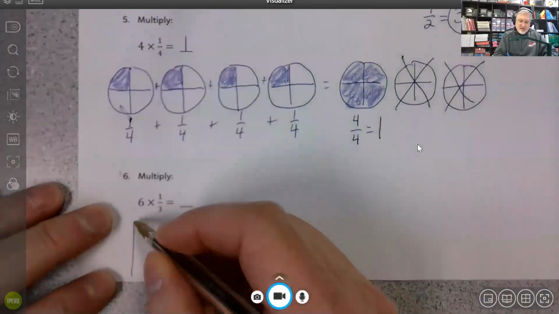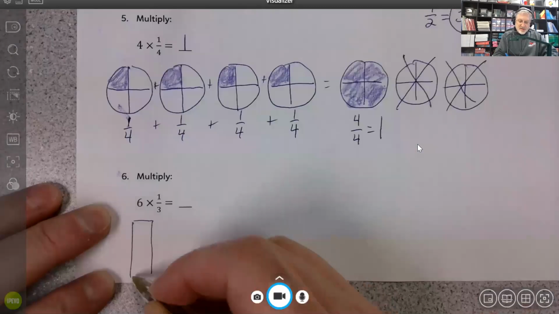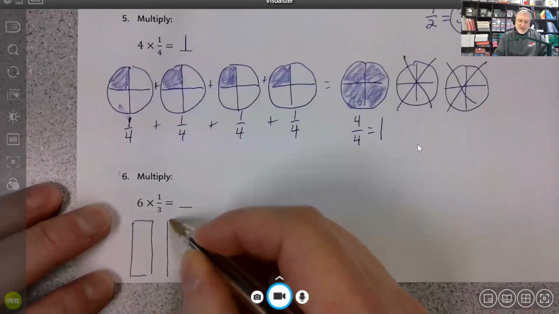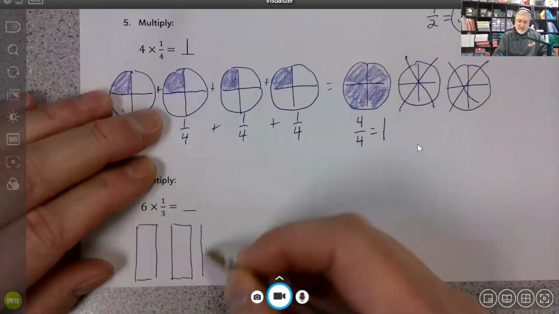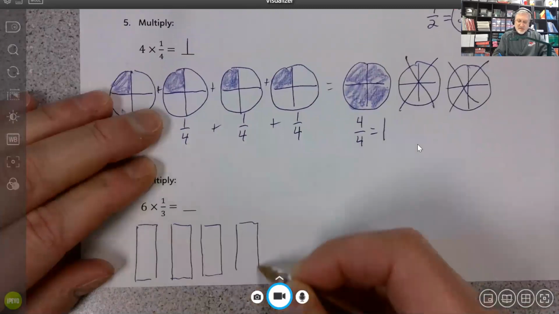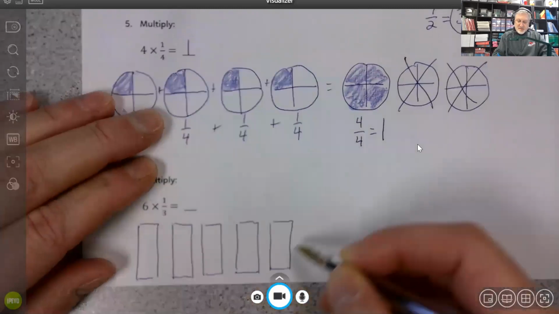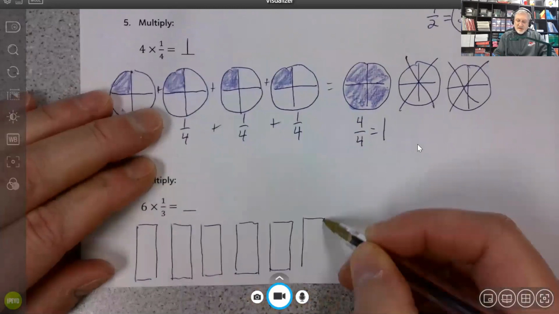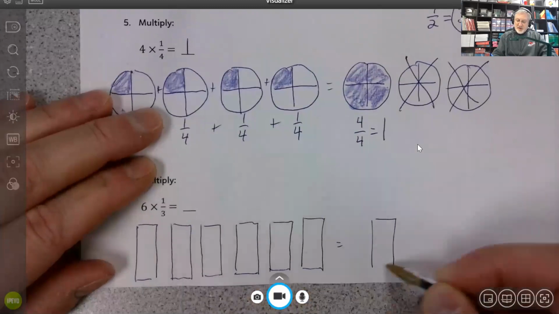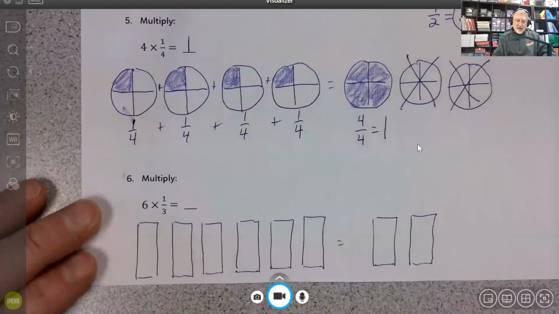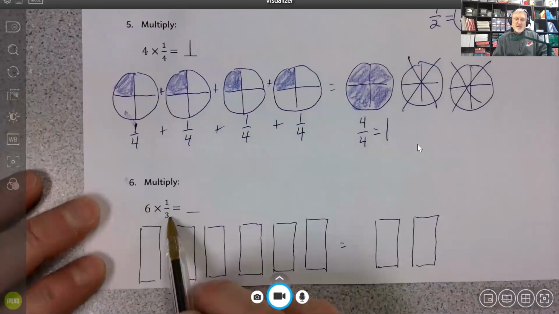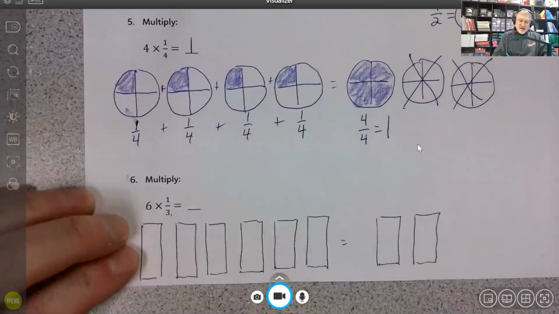So I'm going to do 6 rectangles. Okay, so 3 is in my denominator, so I have to partition my rectangle into thirds.